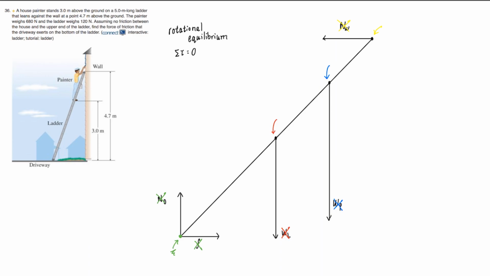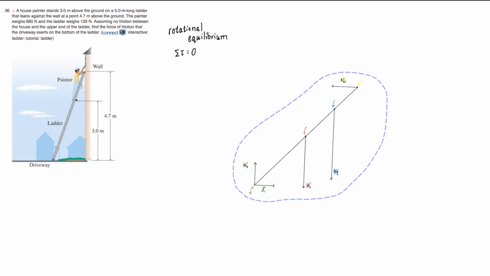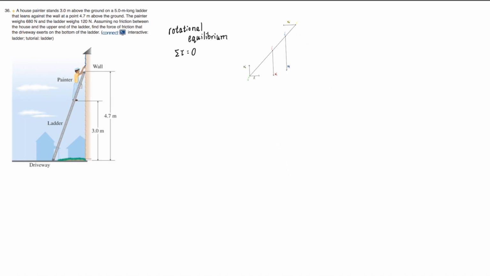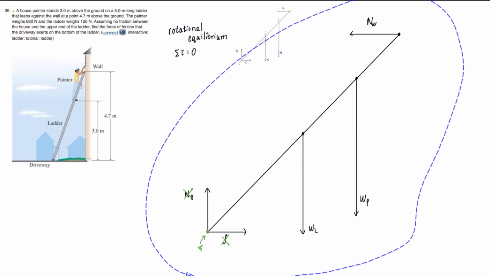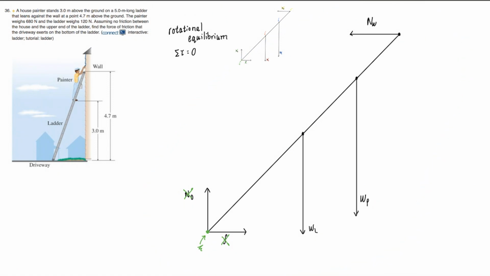Now that we've chosen our axis of rotation, I'm going to redraw this diagram. So this is the same diagram as before, except we don't have the other 3 forces crossed out.